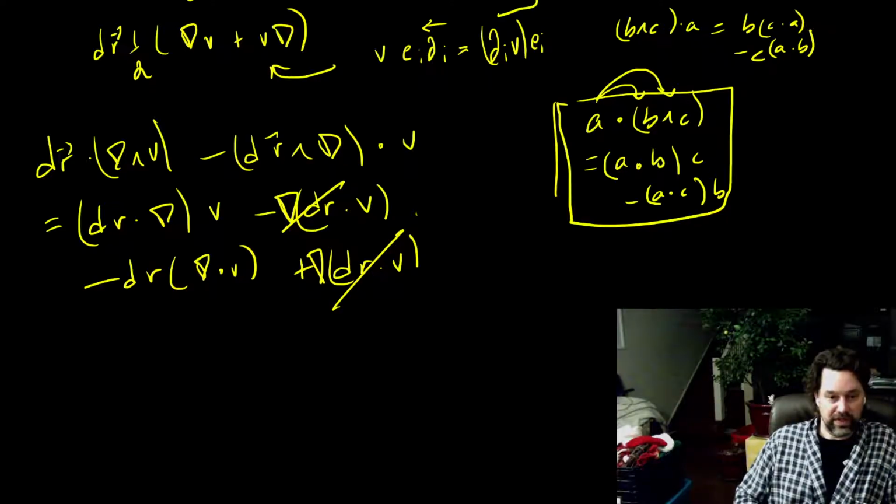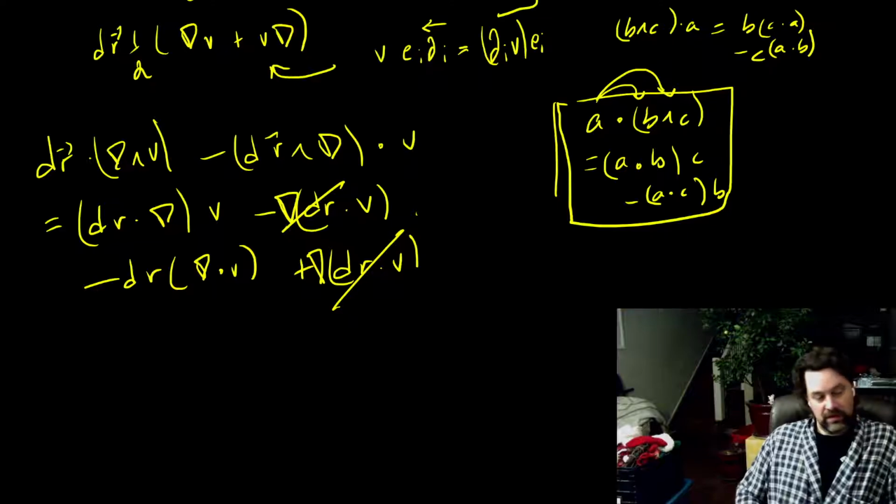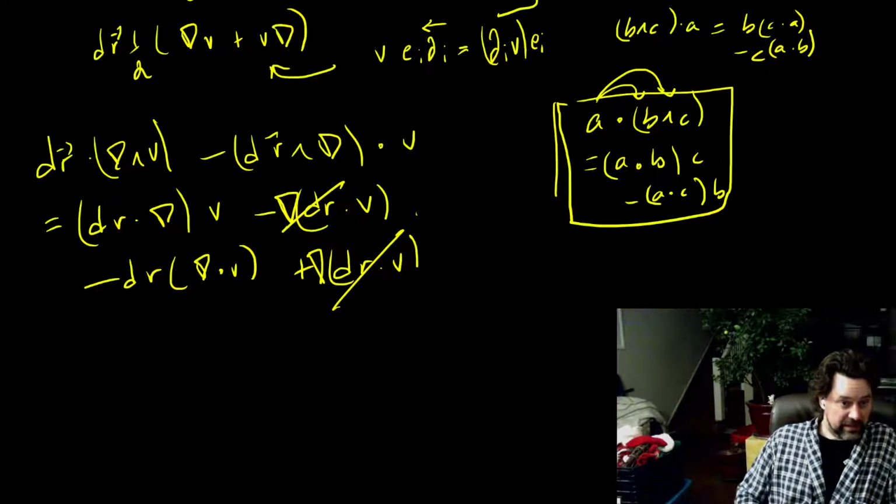So can we simplify that even further? And we can. The easy way to do that is to notice that this is exactly this form. So this has the form of grad v.